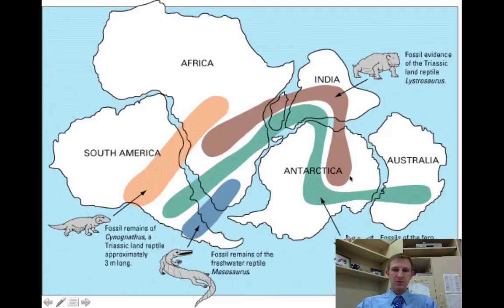Some other evidence we have for continental drift, and this is just review again: we have fossils of the exact same organisms on separate continents. The only way that could happen for some of these was if at one point the continents were connected. You can see these bands for this Cynognathus. This thing was in South America and Africa, so it couldn't swim across the Atlantic Ocean to get to one or the other, so it had to have been on all these different continents.